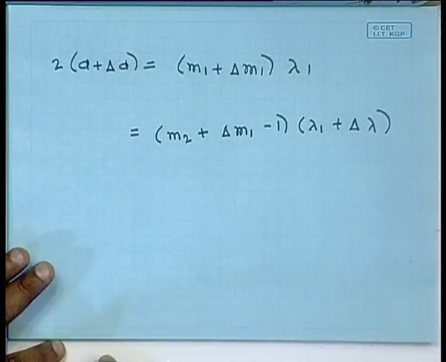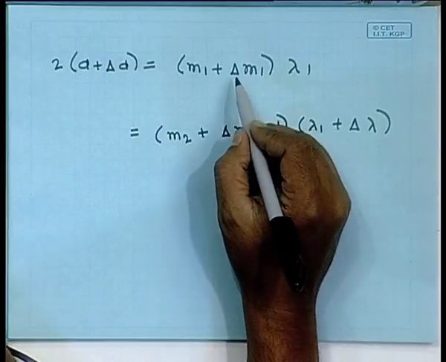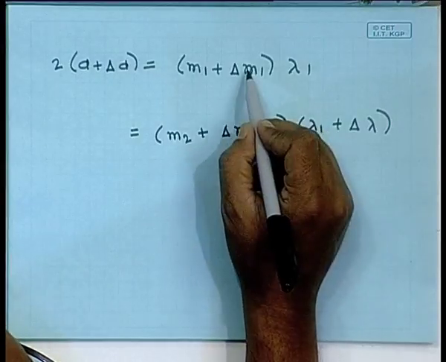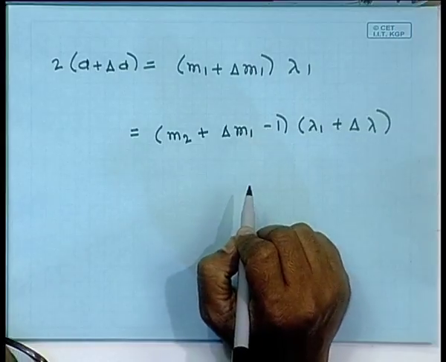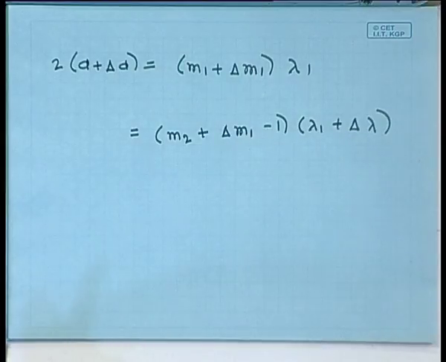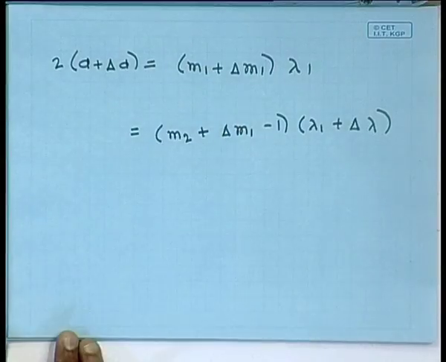So, if I change delta D so that the order by which this fringe changes is one more than the order by which this fringe changes, we are back to a situation where we have concordance, because the order of the two fringe systems exactly differs by 1. In the situation where I have a dark spot for lambda 1, I will also have a dark spot for lambda 1 plus delta lambda. So, if this condition is satisfied, the two fringe patterns are again in concordance.